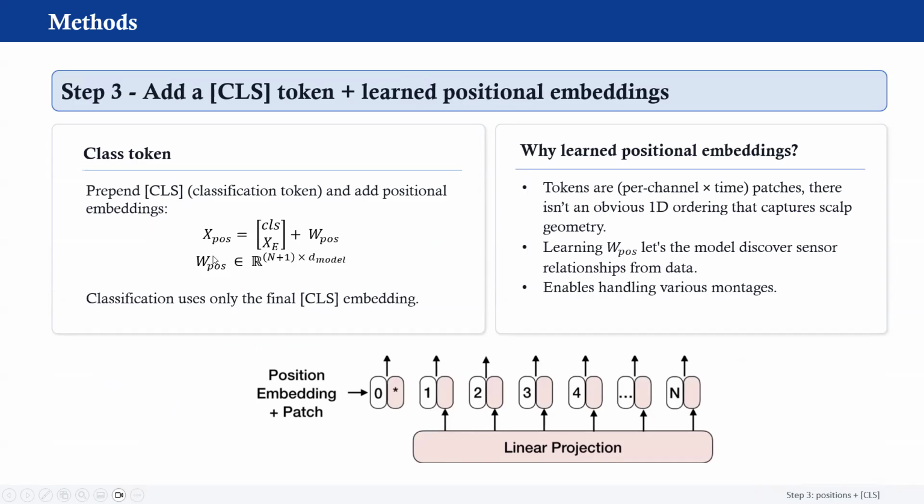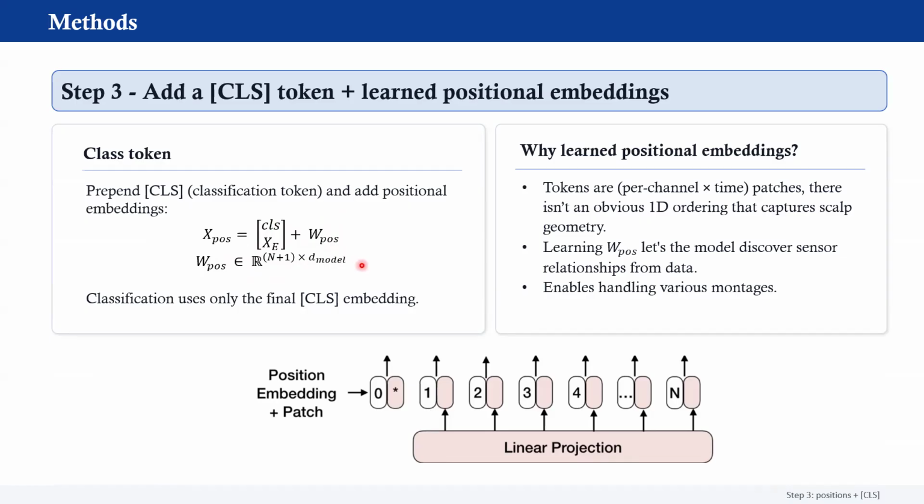And that's the same as the dimensionality of your positional embeddings, which is N plus 1 cross d model. So basically, they prepend this class token, and then they add the positional embeddings, which is nothing but a weight matrix of size N plus 1 cross d model.